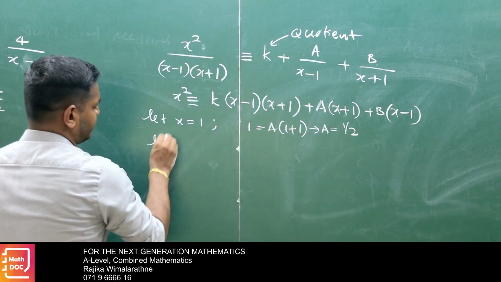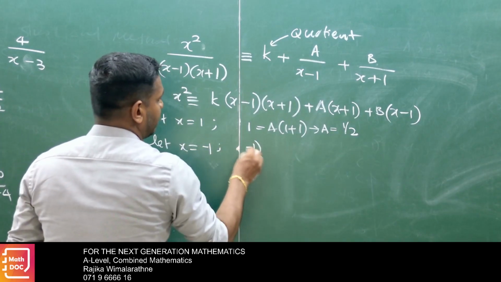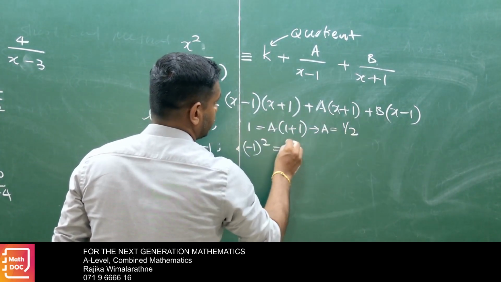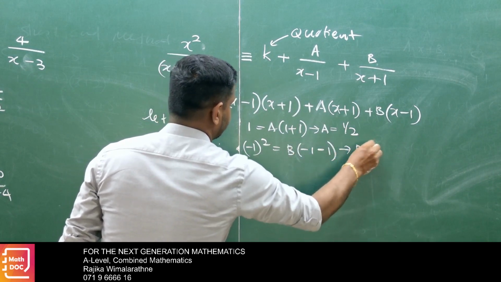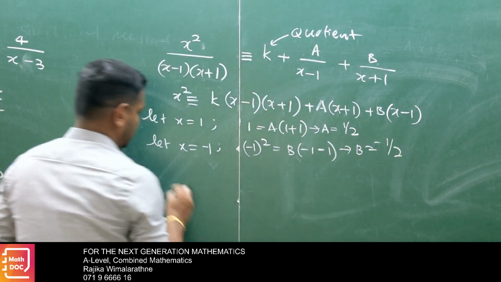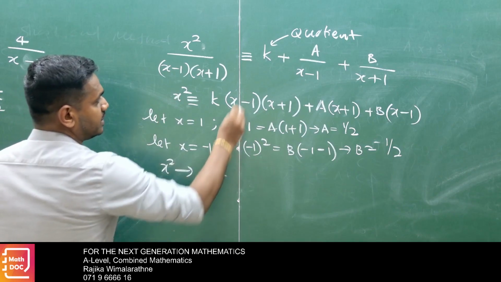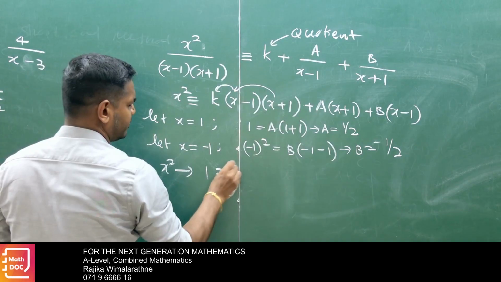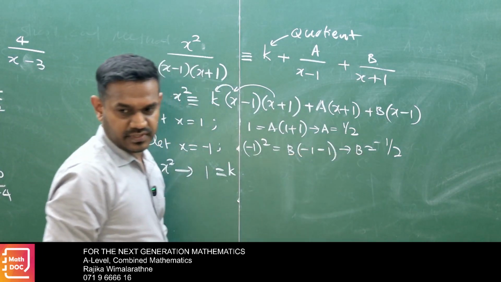Then let x equal minus 1: minus 1 squared, here 0, here 0, b into minus 1 minus 1, then b value is 1 over minus 2. Now take the x squared coefficient: here 1, here only k. Then k value is 1, a value half, b value minus half.